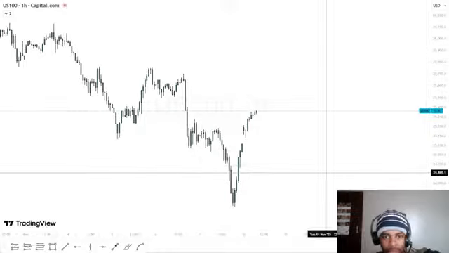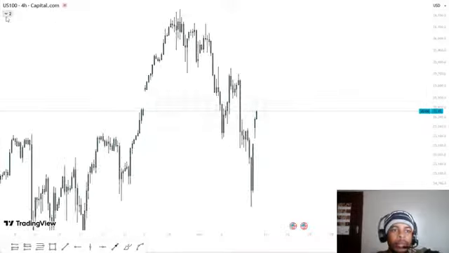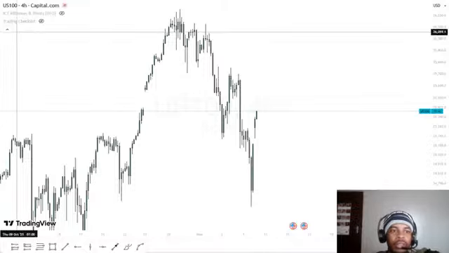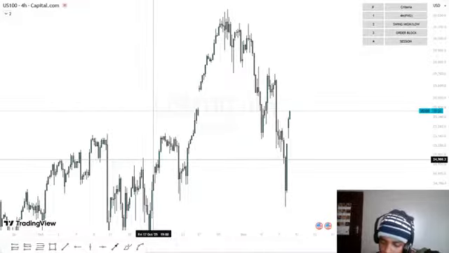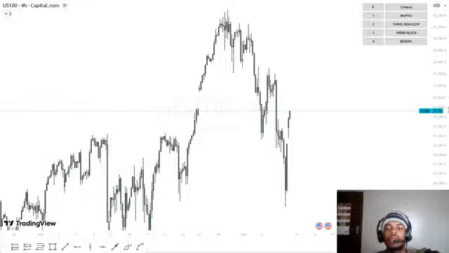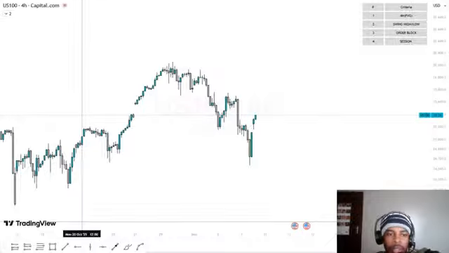Let me try analyzing Nasdaq. I normally start my analysis on the 4 hour. I look for my 4 hour fair value gap.